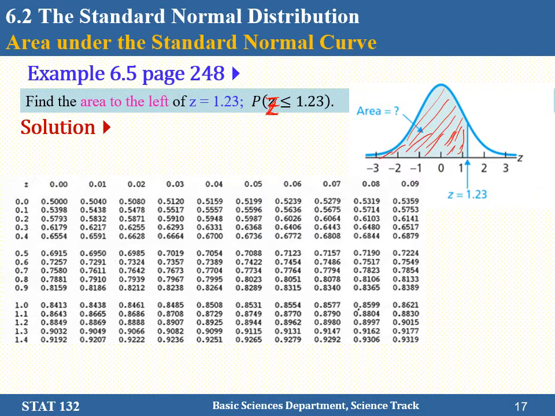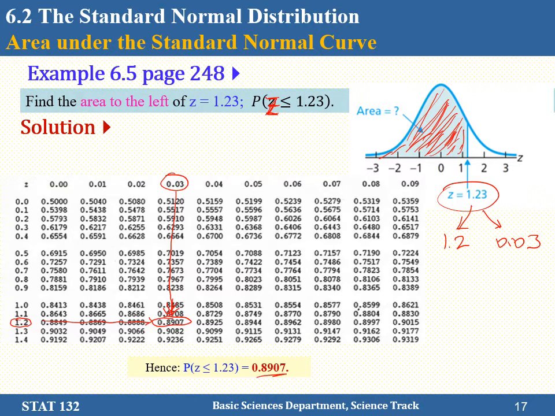Our table always shows the left part of the graph. 1.23 breaks into two pieces, 1.2 and 0.03, and it will give us this one. When you find the corresponding number, you get the probability 0.7907, which is what we get here.